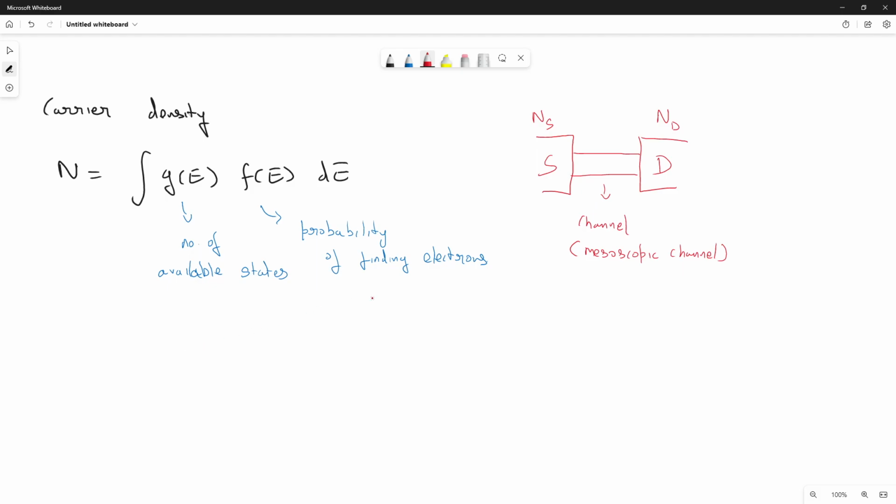Okay, so now what is another assumption here? This is a mesoscopic channel. Do we have any assumptions about the source and the drain? Sir, they are kind of the same material. Okay. Anything more along the lines of, is it mesoscopic?